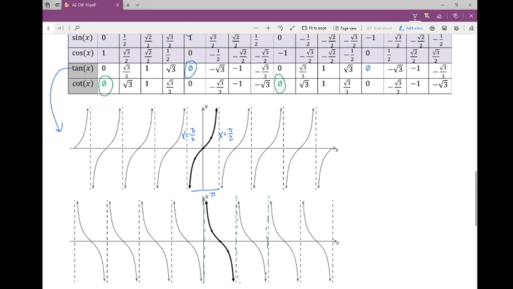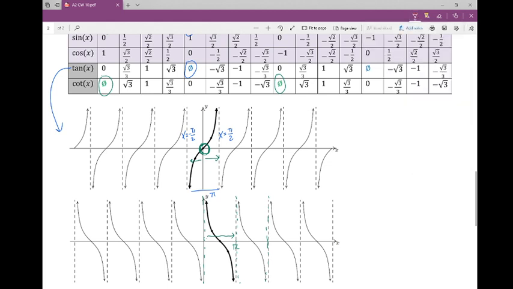Second difference is that, going back to the asymptotes, we noticed that the asymptotes for tangent were just going to be pi over 2, or half of the period apart from the middle point. In cotangent's case, we're going to graph it the same way we graphed sine and cosine, namely we start at 0. And we just simply graph a whole period apart, therefore indicating that the next asymptote is going to be at pi. Now this is going to be different than how we graphed tangent.